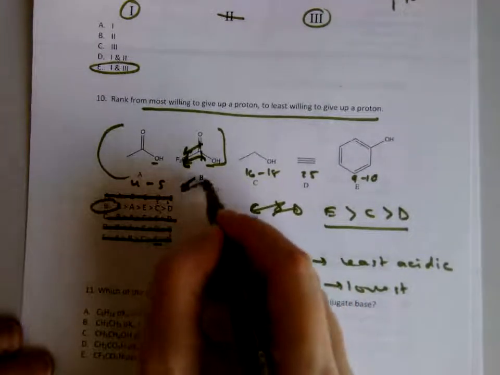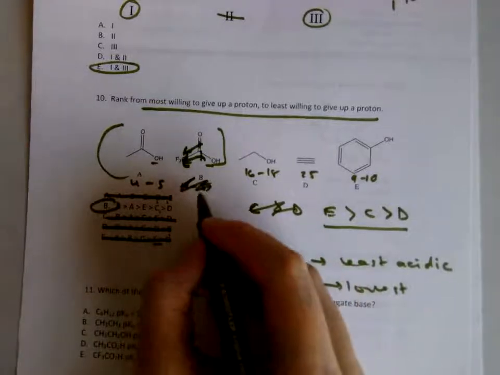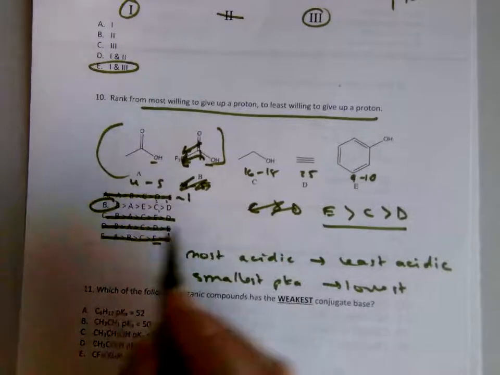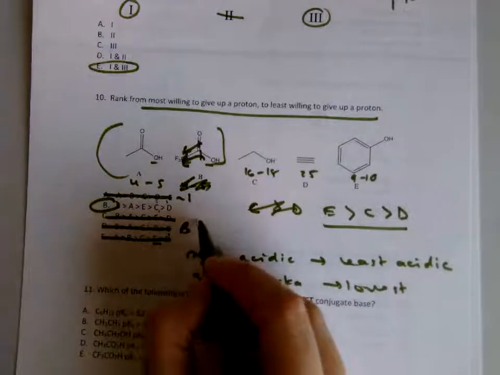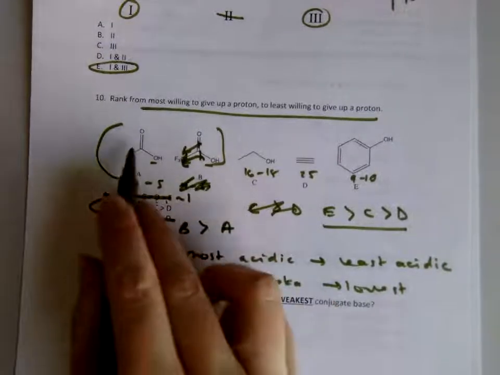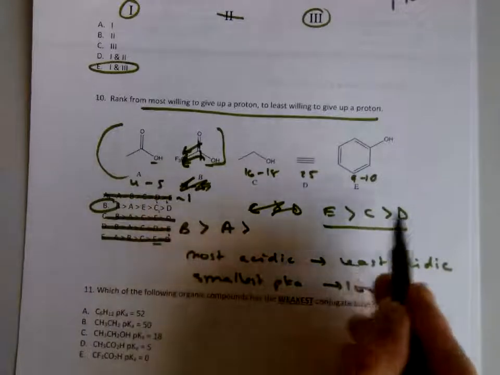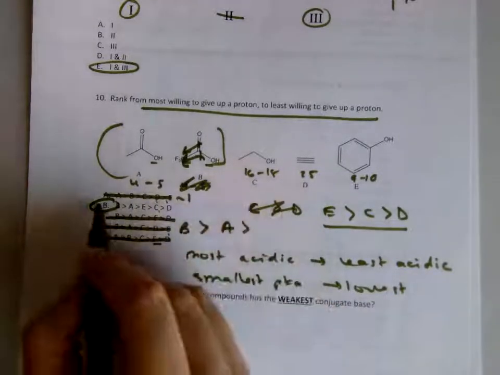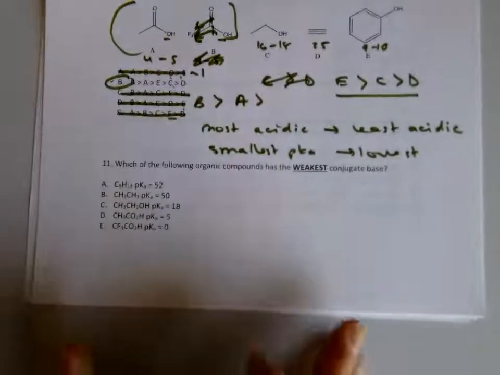So instead of this being 4 to 5, I'm going to guess this is closer to a pKa of 1. So I would put B and then A, because it has no inductive effect, and then ECD. So BAECD, and that is my right answer.